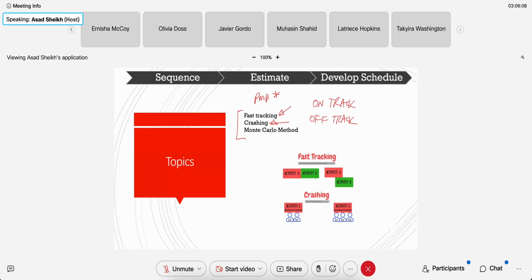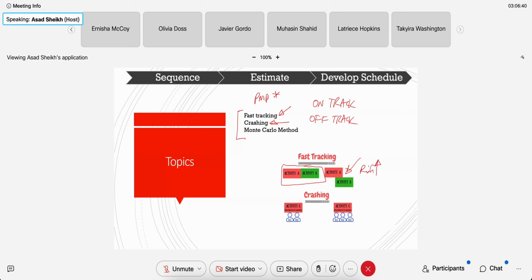So fast tracking means you run sort of in parallel. So this is how you were scheduled. And then you said, hey, I'm running behind and I need to speed up. Okay, then do your tasks in parallel. There's a risk involved here, obviously.